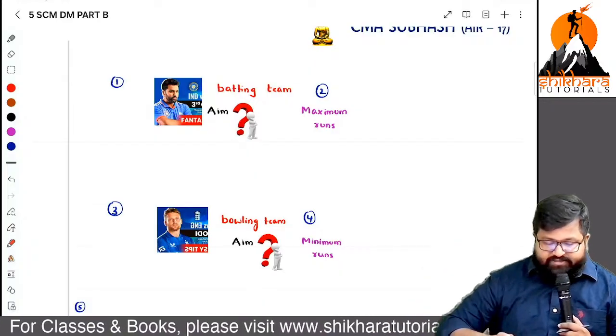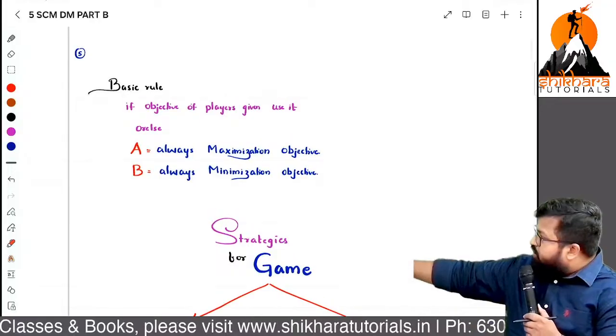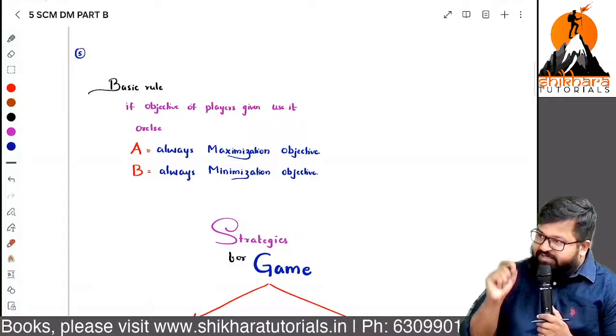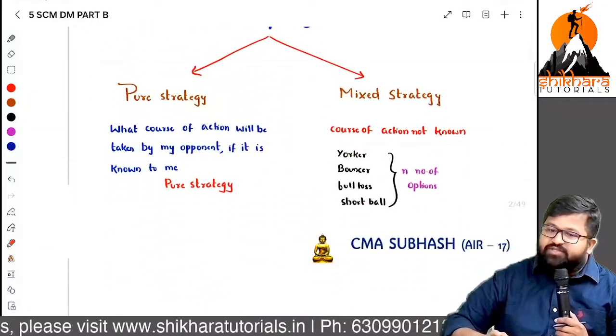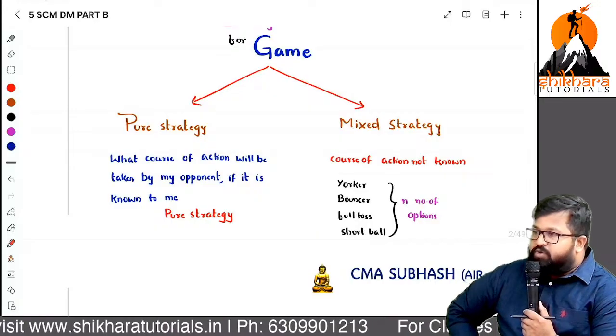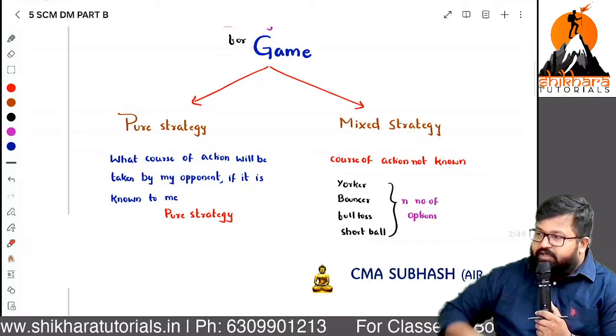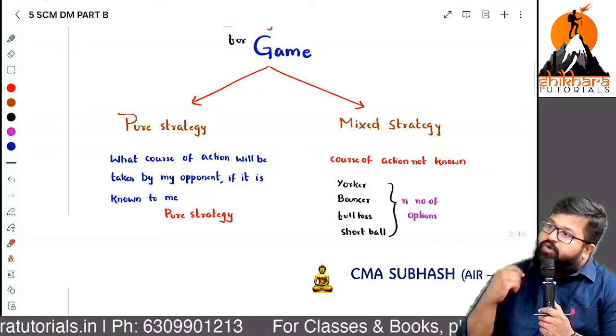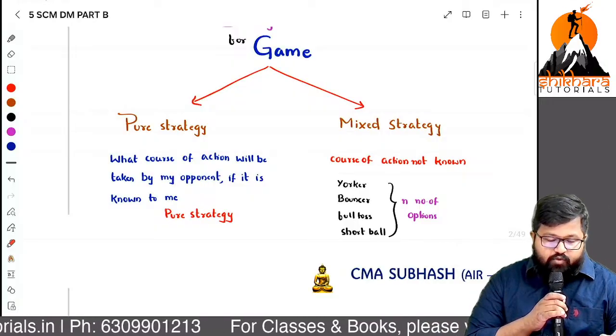Next, this is the point. The A player's objective is always maximization. The B player's objective is always minimization. And how many strategies are there for us? Pure strategy and mixed strategy. If you know exactly what our opponent is doing, then the course of action taken by us will be pure strategy.